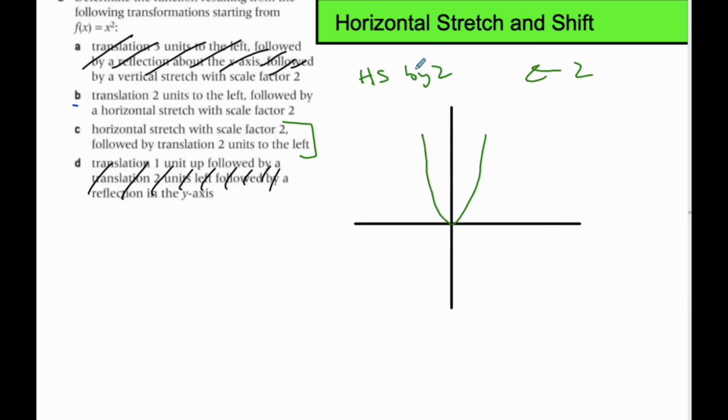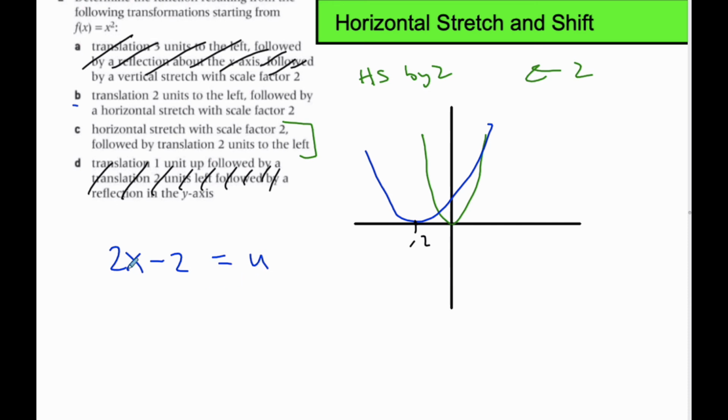At this point I horizontal stretch it by 2, which means it's going to be out here a bit. And then I take that blue parabola and I'm going to shift it to the left, knowing that this vertex is negative 2. So doing this little trick here, I know I'm going to go from x to u. I'm going to first take my x, multiply it by 2, and then take this whole thing and subtract 2 from it.